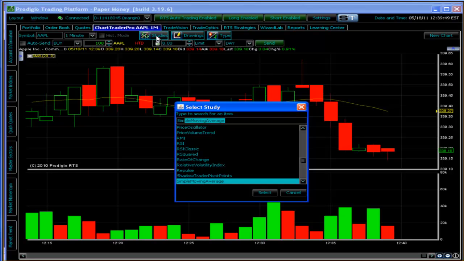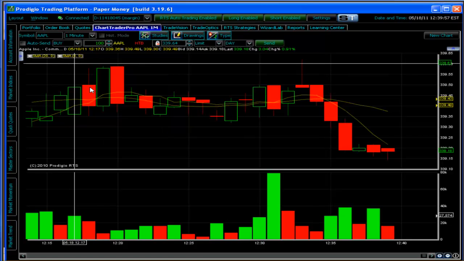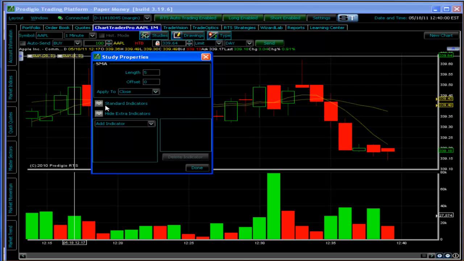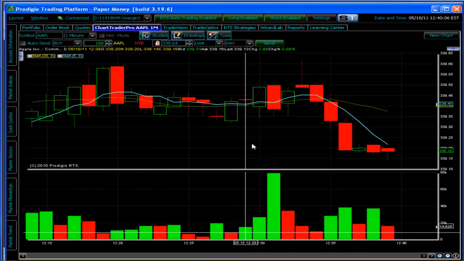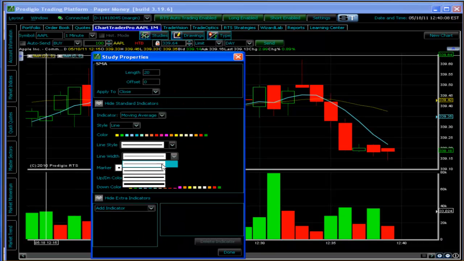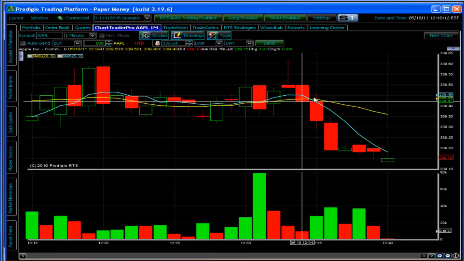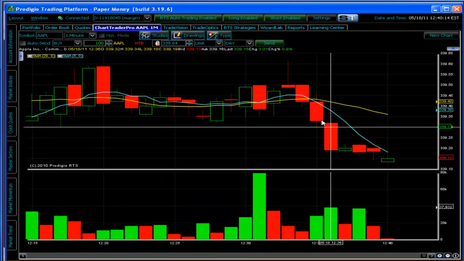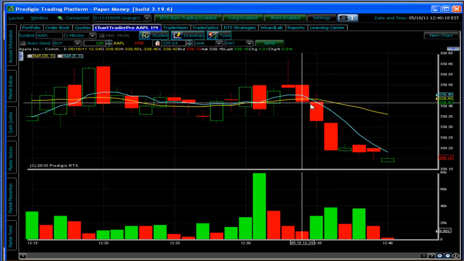and this is old hat for a lot of you guys, but again, I want to make sure that pretty much everybody gets the gist of this. If I have two different speeds of moving averages, let's change the color on this. Let's make that a cyan, make it a little thicker. Let's make that a little thicker as well. The cross operator will find any time two different study values cross against one another.